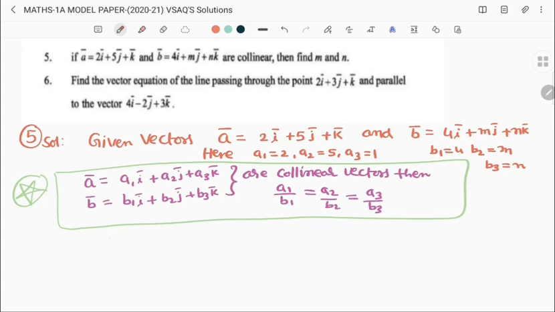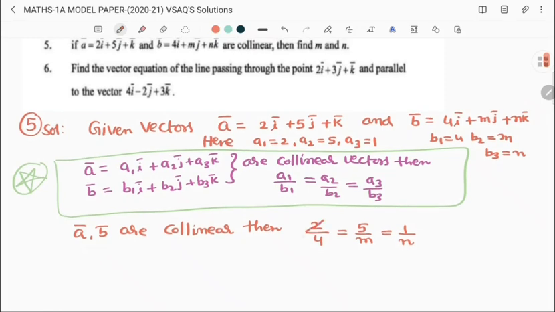So A bar, B bar are collinear, then a1 by b1, that means 2 by 4, a2 by b2, that means 5 by m, which is equal to a3 by b3, that is 1 by n.